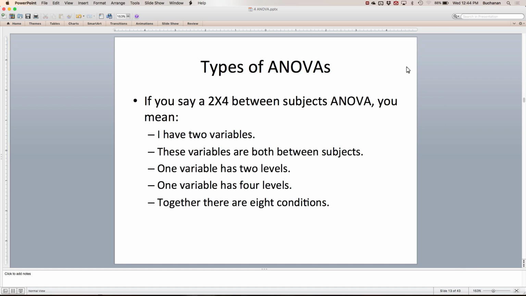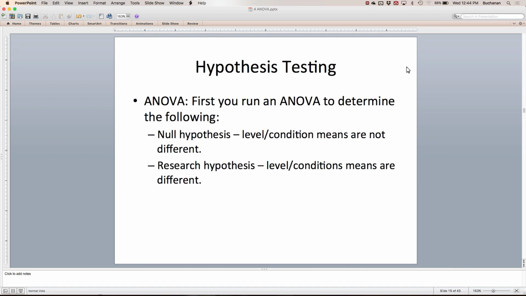Okay. So getting into, not how to run it, that's next week, but kind of the steps. When I run an ANOVA, I'm really testing a null that's nothing. So the null always means nothing happened because it's null hypothesis testing.